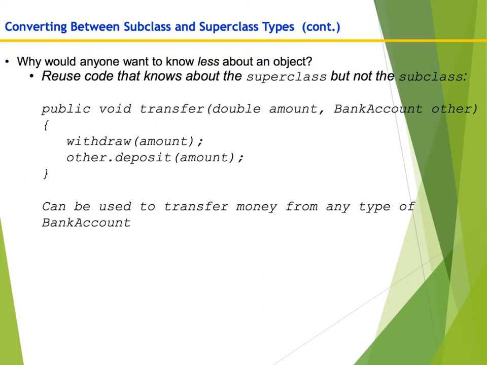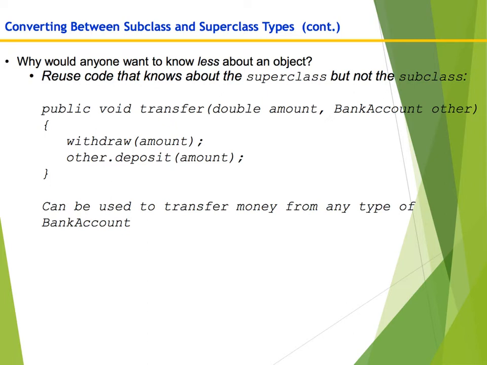The way that we write this method, we assume that other has type bank account, and bank account is a general type which is a superclass of both checking account and savings account, for example. So the method transfer works for all types of bank account.